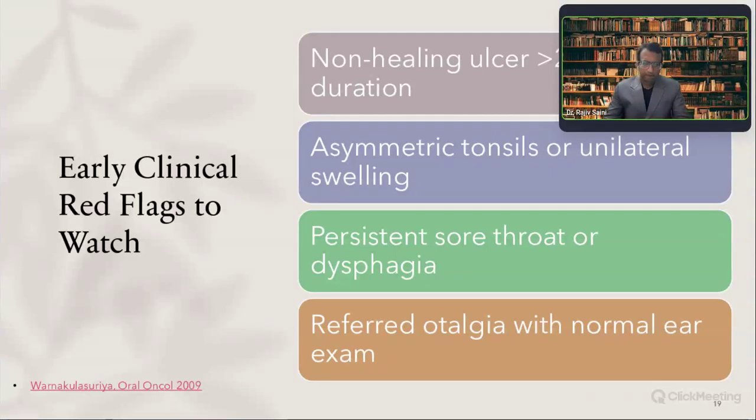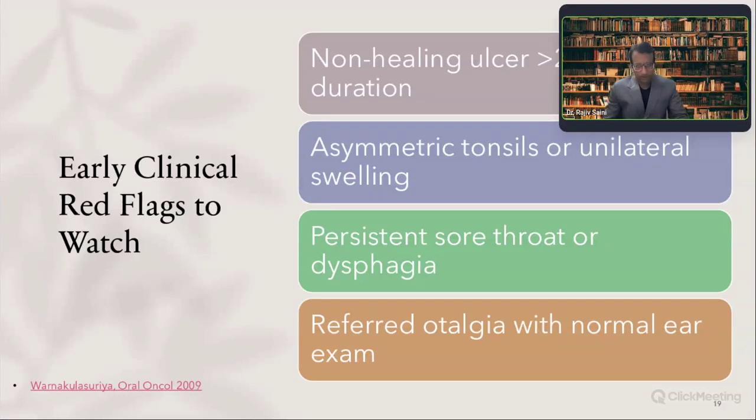When we look at the clinical conditions, there are certain red flags while we are observing the oral cavity or the posterior of the oral cavity. Painless ulcers, unilateral tonsillar enlargement, or complaints of dysphagia should always prompt closer inspection during the dental examination.